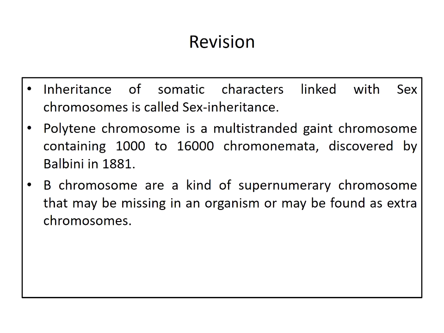So in this class we came to know about sex-linked inheritance, both X-linked inheritance and Y-linked inheritance. For X-linked inheritance we took the example of color blindness, and for Y-linked inheritance, hypertrichosis.